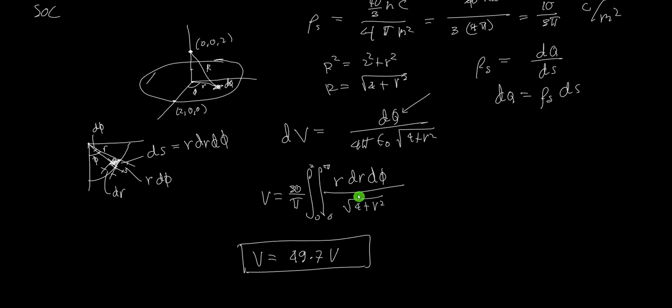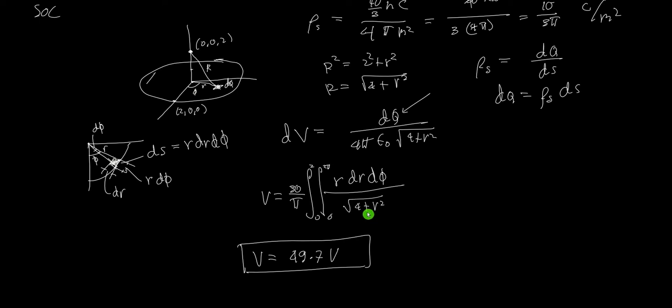So you just need to evaluate this, r dr d phi over the square root of 4 plus r squared, from 0 to 2, 0 to 2 pi. To do that, first you need to evaluate d phi. So for d phi, it will be 2 pi minus 0. So you just need to multiply this with 2 pi. And for r, because you have a square root here, you can let the square root of 4 plus r squared be your u.